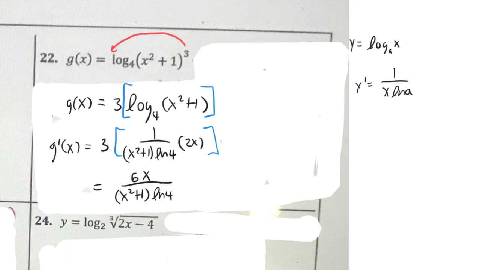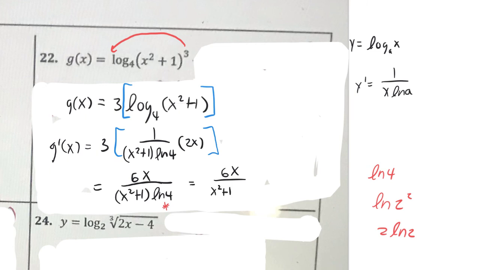However, once again, looking at the teacher's answer sheet, it looks like the teacher decided that even ln 4 should be represented as ln of 2 squared, which is really 2 times ln of 2. And that would pave the way for a cancellation, so I can see the reasoning behind that.